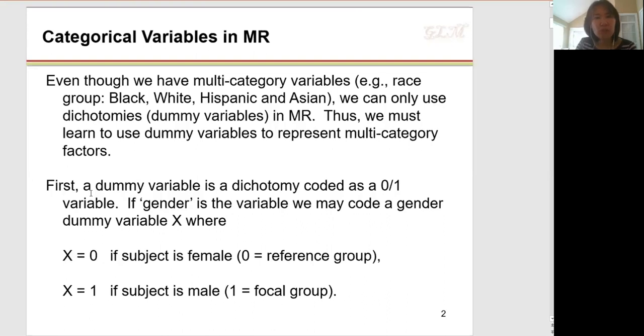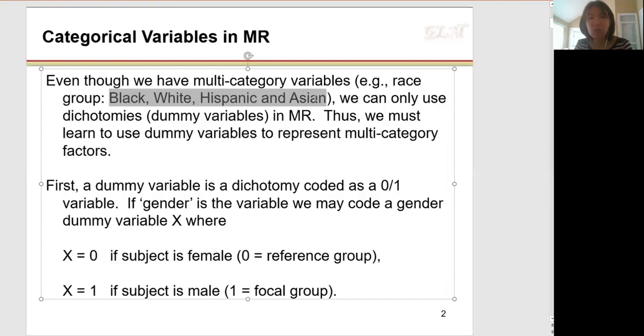Okay, so let's read one by one here. 4 subgroups are located in one categorical variable. Okay, multi-category factor.